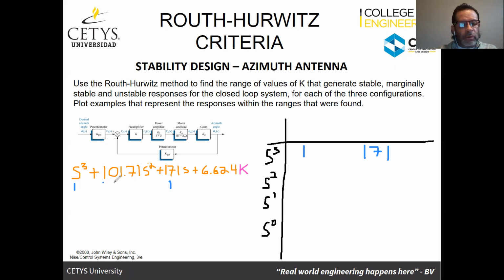For the second row, we're going to grab 101.71 and the 6.624. Let's leave the 3 decimals because we wrote them down. And we got our value of k here.